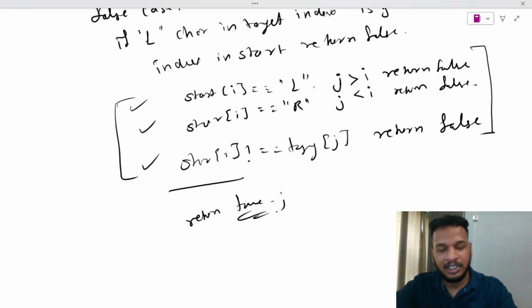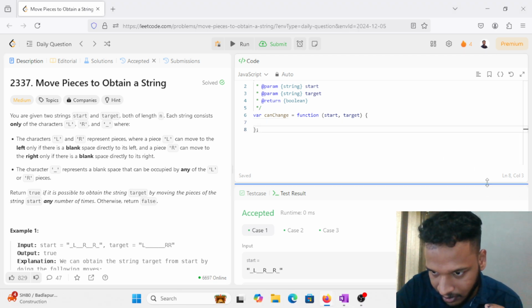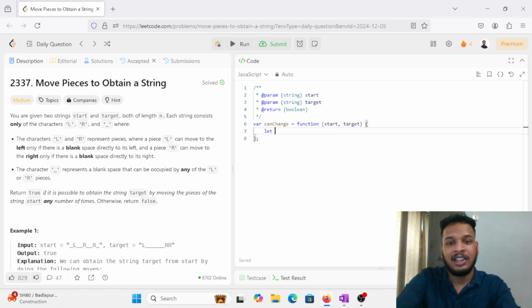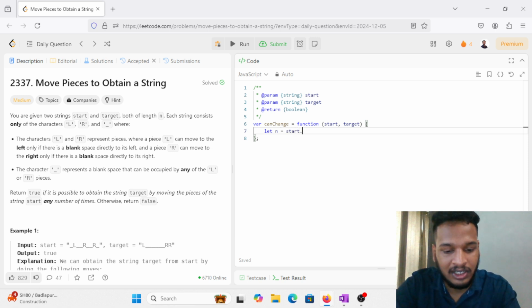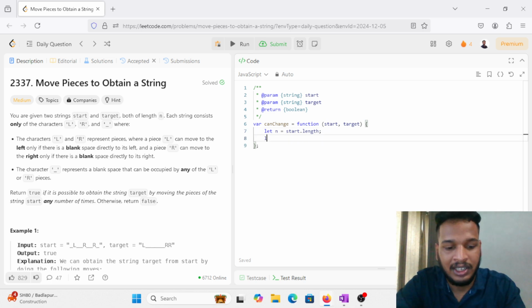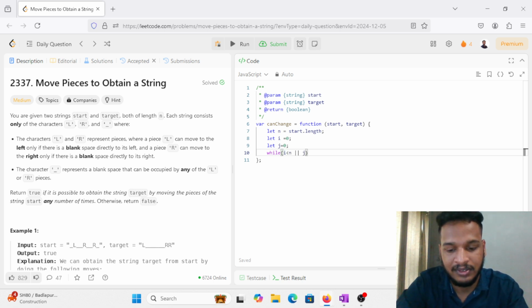Let's jump to the solution. So what I do, n is equal to start.length, we can take anything because the lengths are the same. Now we have to do let I equal to 0 and let j equal to 0. We will write a while loop as we are using two pointers: I is less than n or j is less than n.